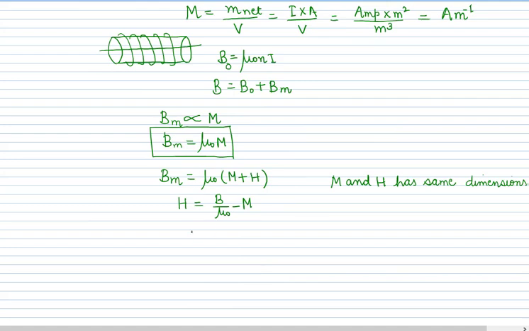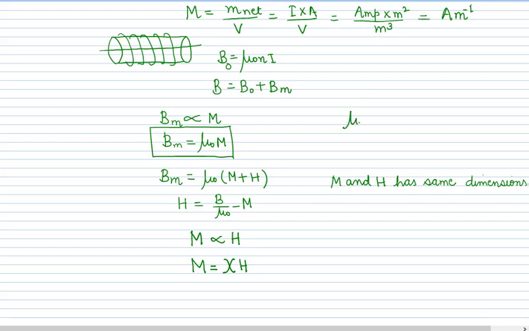This magnetization is proportional to the magnetic field intensity. And again, to remove this proportionality sign, we have to introduce a constant, and this time we cannot use mu naught because we have already used mu naught. So we introduce a new constant that is known as chi. So M is equal to chi H. This chi is known as magnetic susceptibility.